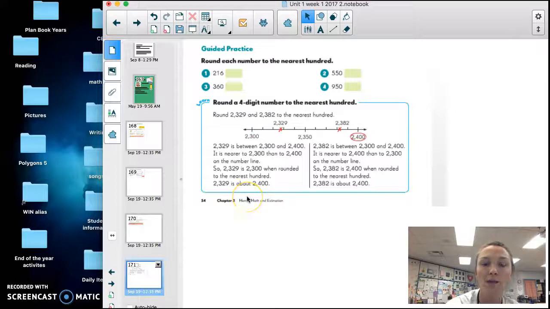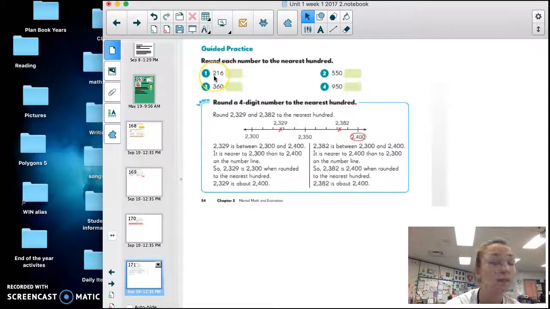Let's try it. Grab a piece of paper and see if you can do 1, 2, 3, and 4. And I'm going to have you turn it into me. So round each number to the nearest hundred. You can pause the video and I want you to try rounding 216 to the nearest hundred.